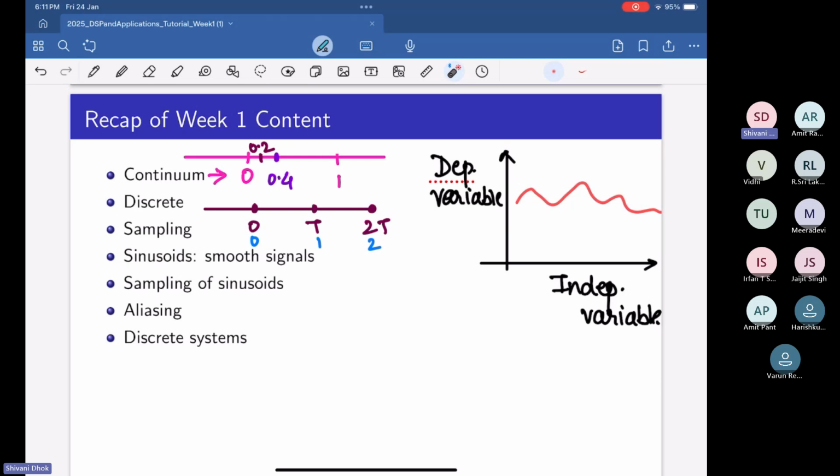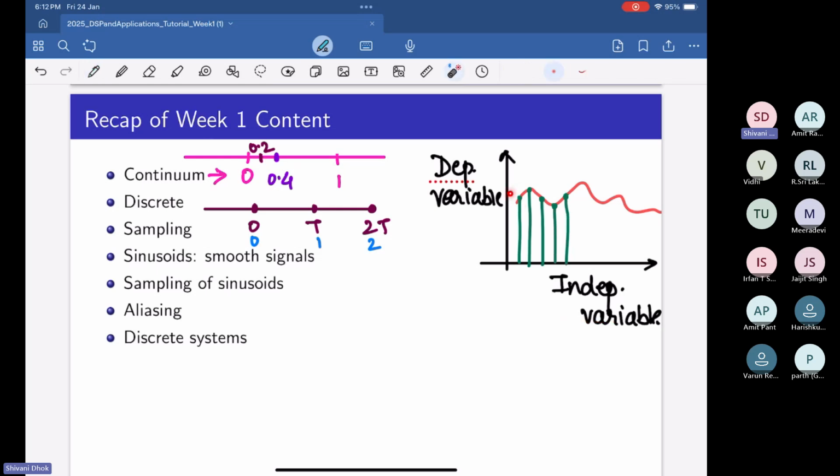So, therefore, in order to understand or to process these signals in a better fashion, we will consider discretizing this independent axis. And discretizing this independent axis means picking up values of the dependent variable at fixed durations like this.